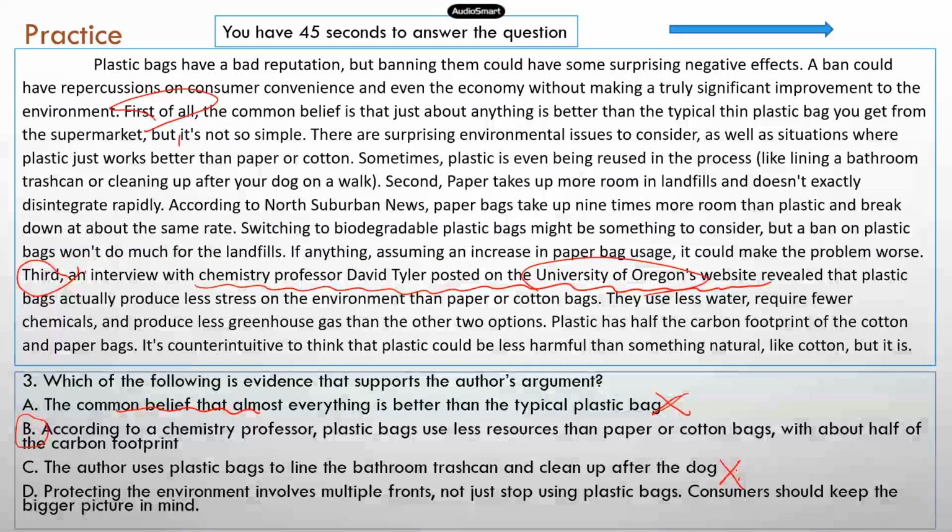So that's what the author is trying to say. You have to think about a lot of different things and have that bigger picture in mind. So this is definitely a general argument, but it's not a piece of evidence. So the correct answer is B.